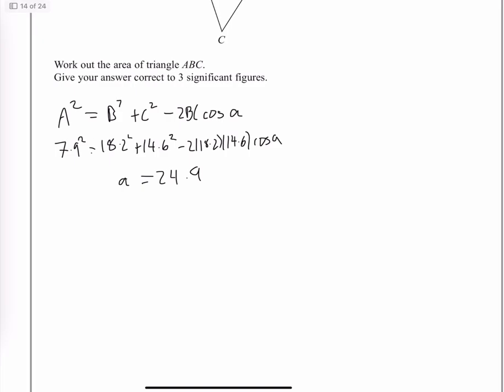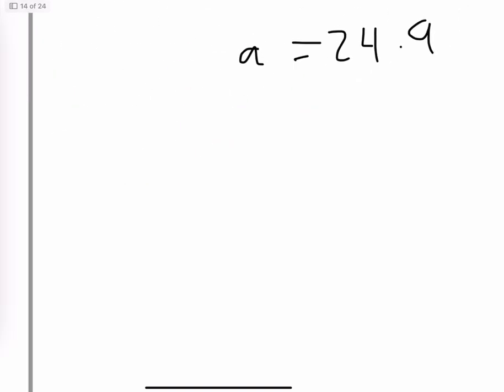We then use our formula to get the area of a triangle, half AB sine of the angle between them, essentially. Which will give us 0.5 times, well, the A I'm using here.